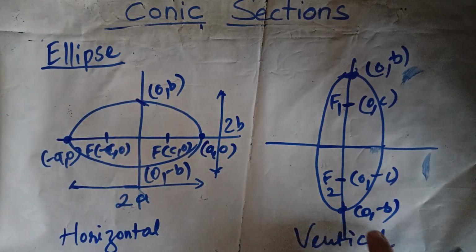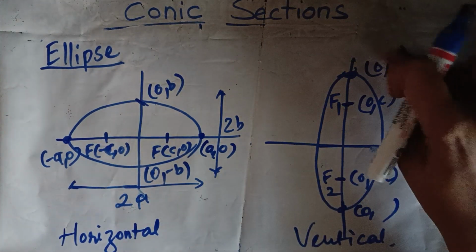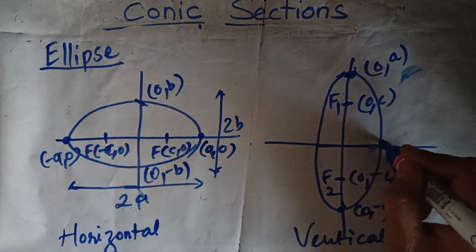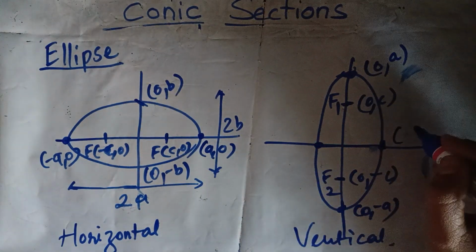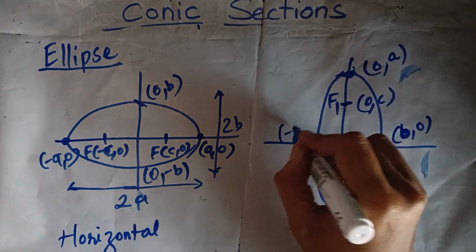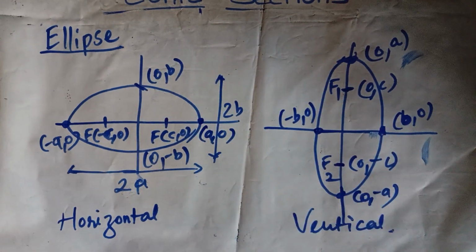In the vertical case the major axis is the y-axis. So we write here A, and these points are B comma 0, minus B comma 0. This becomes our minor axis here.